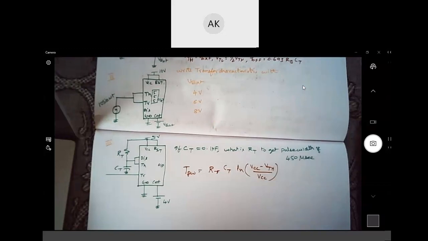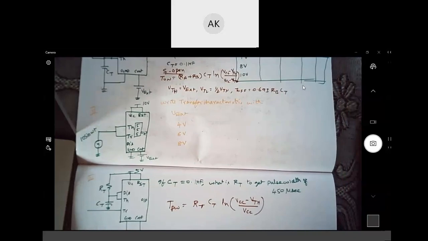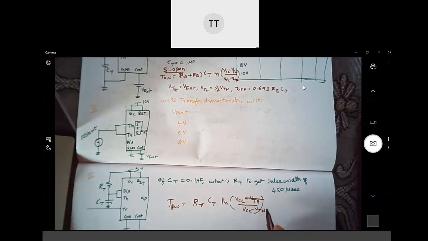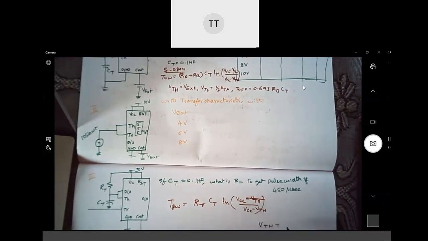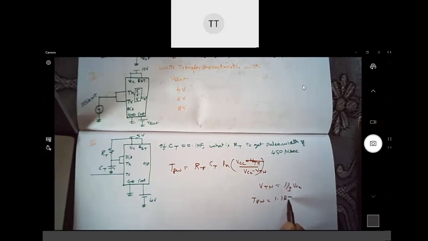Okay, so it's VCC by VCC minus VTH. How you can easily remember it: because I know that if VTH is equal to 2/3 of VCC, TPW is equal to 1.1 RT CT.